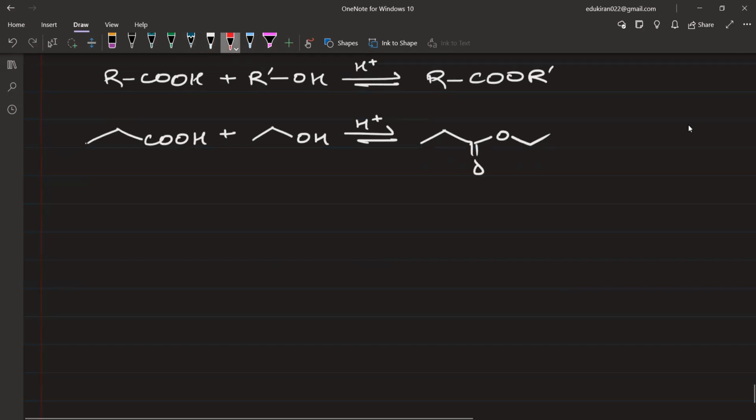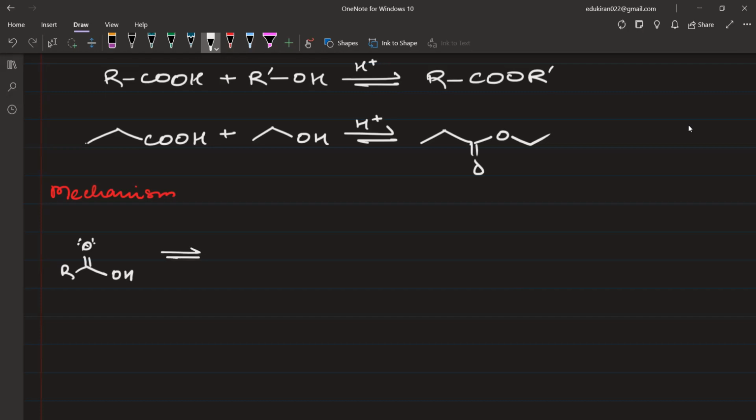For this, please write the mechanism. We start with carboxylic acid. Now, in carboxylic acid, you have oxygen with its lone pair electron.